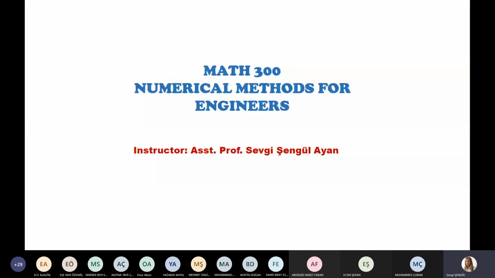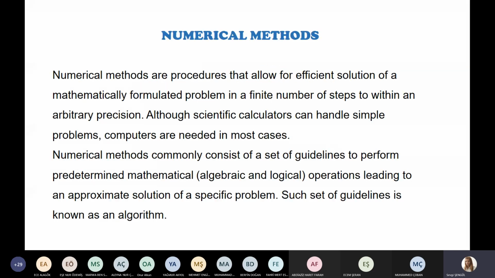So, as I told you, we will be talking about numerical methods for engineers. What does numerical methods mean, if you are asking that? As an engineer, you will be dealing with nonlinear problems most of the time. So your problems will not be solvable with simple algebra, with pen and paper. You will need computer power to solve them.